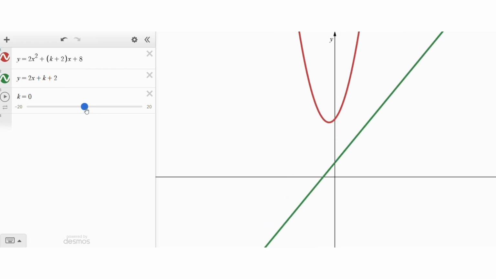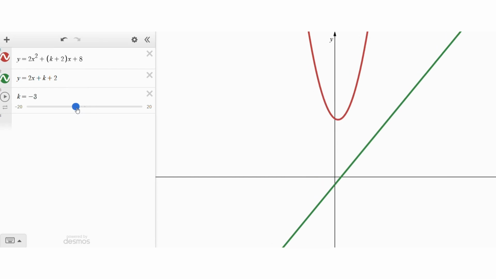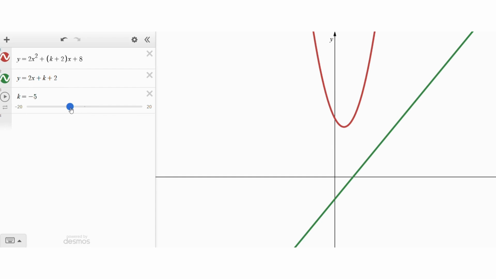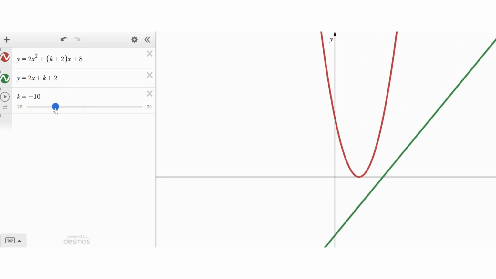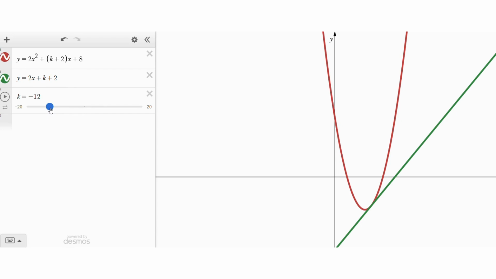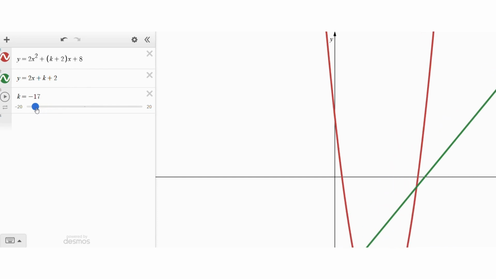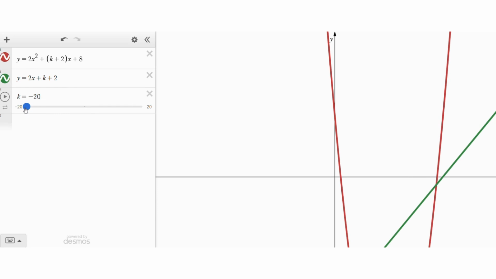If we go the other way, we can see that at first they seem to be getting further away from each other, but then this quadratic seems to start coming down again, and it's getting closer again, and at minus 12 we hit that critical value where there's one solution, it's a tangent, and then when we go beyond there are two solutions again, and there keeps being two solutions as k gets more and more negative.